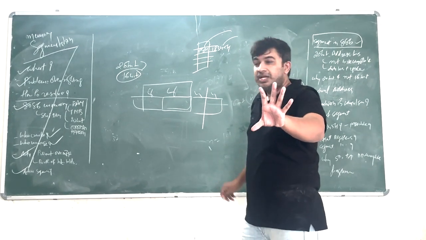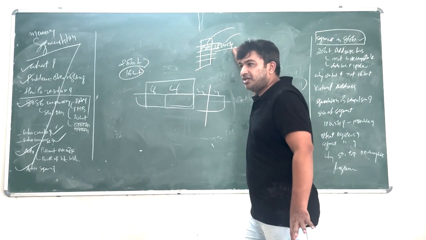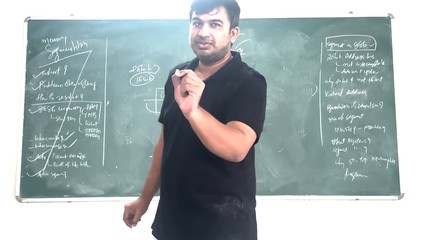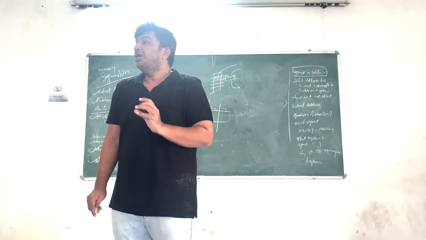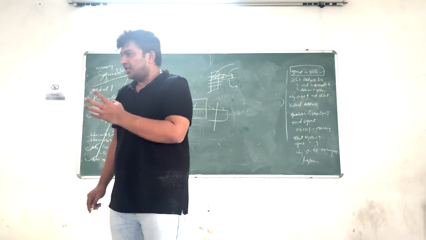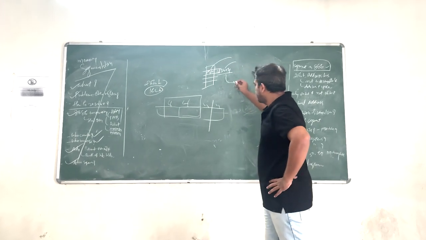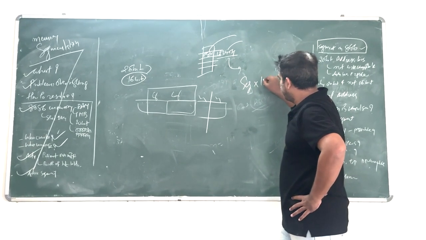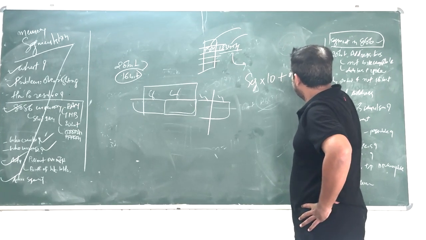I can't handle this 20-bit address, so I will create something called a virtual address. What is a virtual address? Virtual address is segment address multiplied by 10 plus offset address.